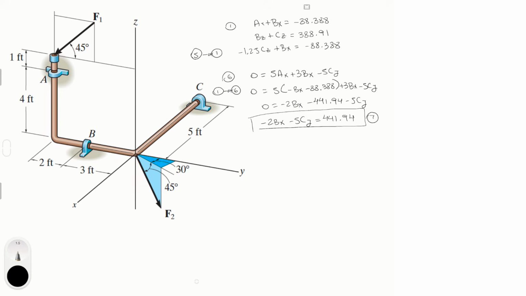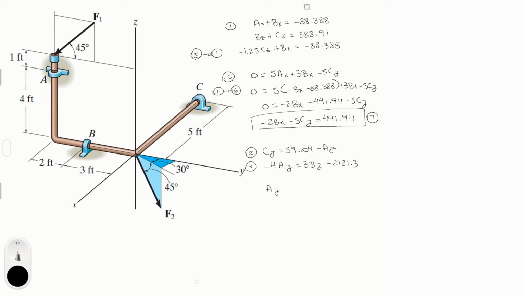So let's keep moving. Equation 2 is cy is equal to 59.04 minus ay. Minus 4ay is equal to 3bc minus 21.3. This is equation 4.